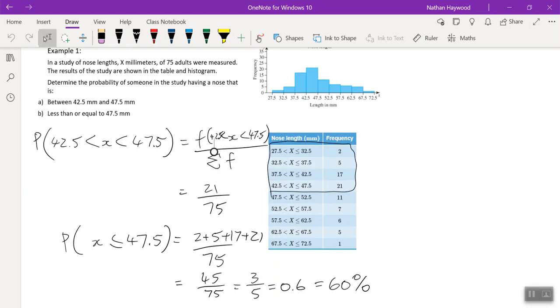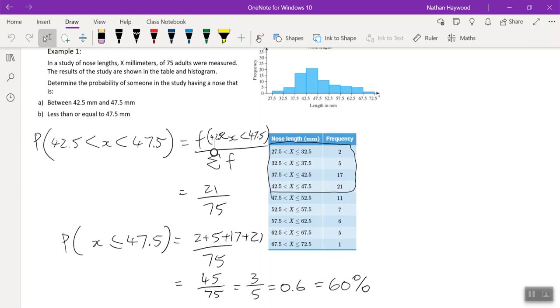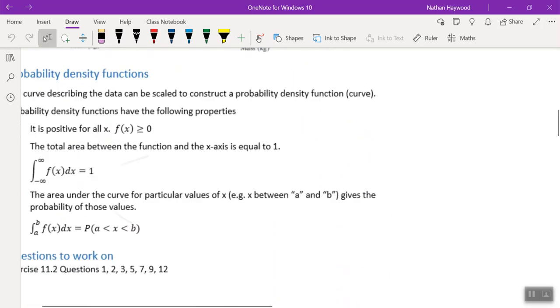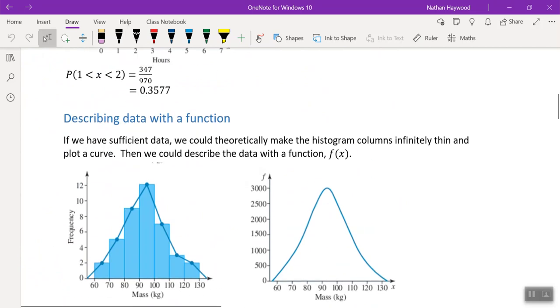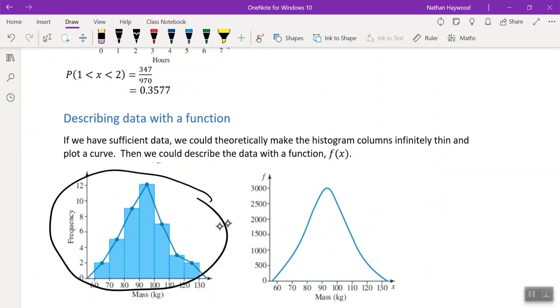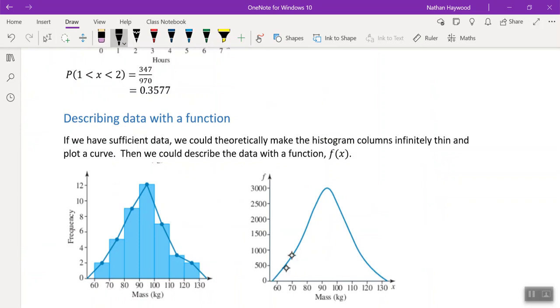Shall we try some calculus now? So this is the calculus part of this. So if we look at a function like we just did with the noses, we can turn this into a function.